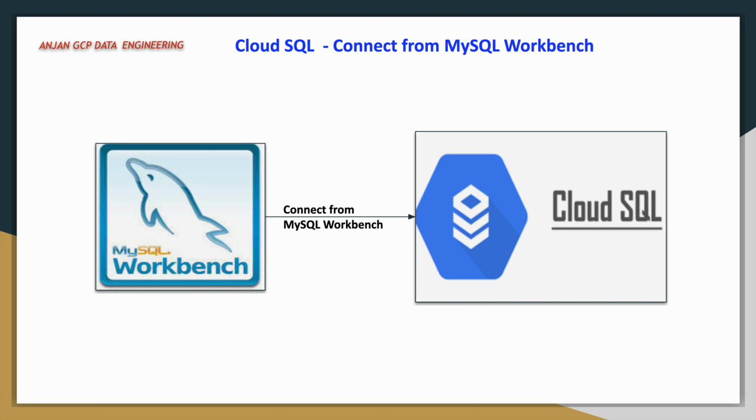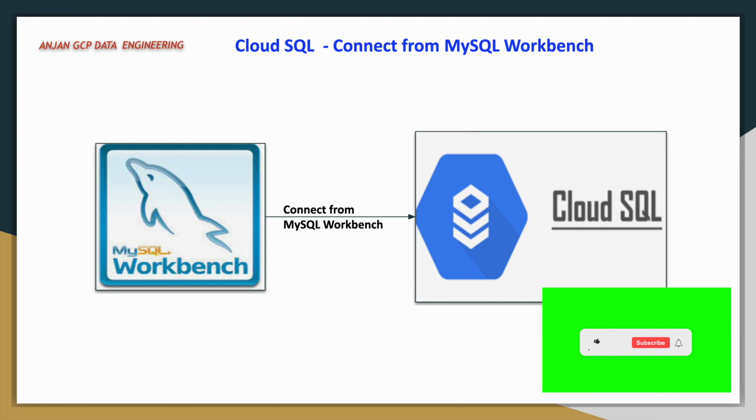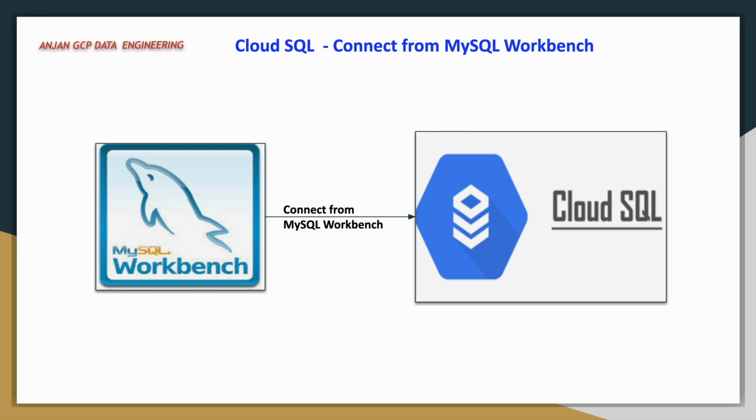Once we successfully establish the connection between the Cloud SQL database and our local machine, we'll run some simple SQL statements to create a table and insert some data, that means the DML statements. Okay, let us quickly move to the demo.